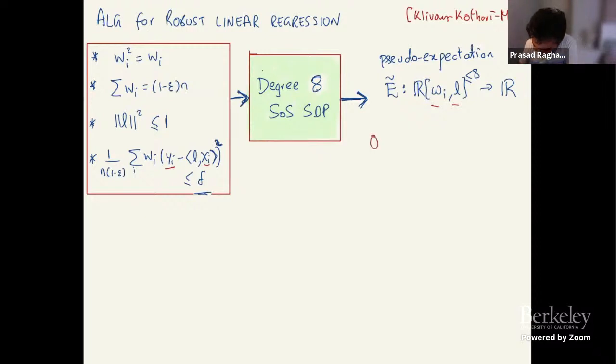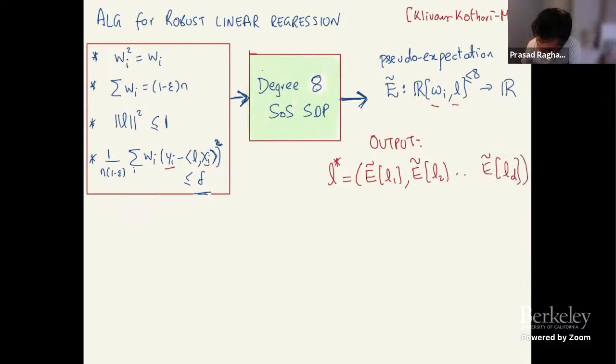The algorithm is to just output the pseudo expectation of the variables that we care about, which is L. So we output this vector L star, our output linear function: E tilde of L1, E tilde of L2, up to E tilde of LD, or basically E tilde of L. So that's the algorithm.